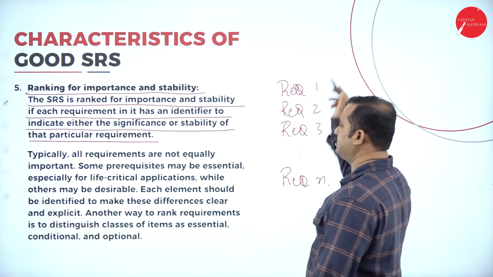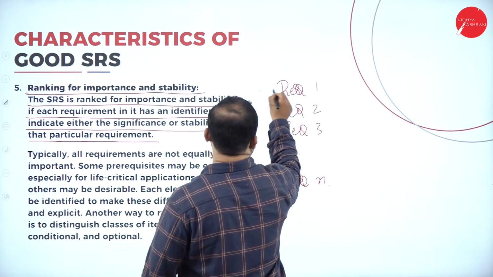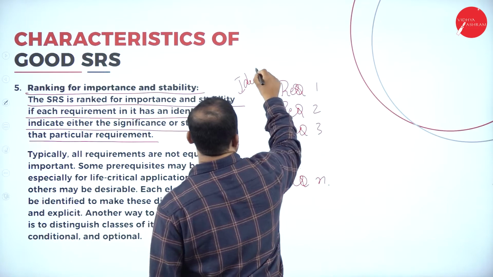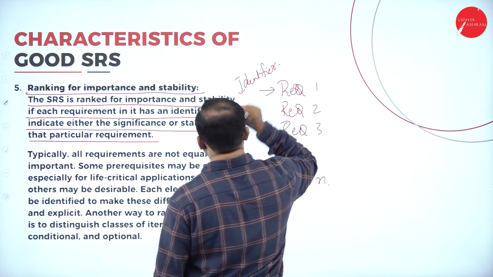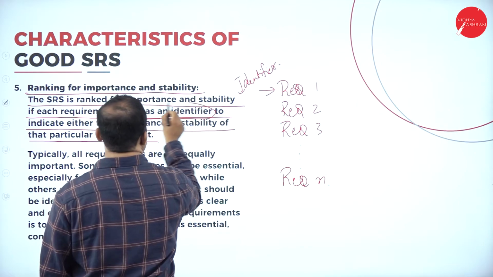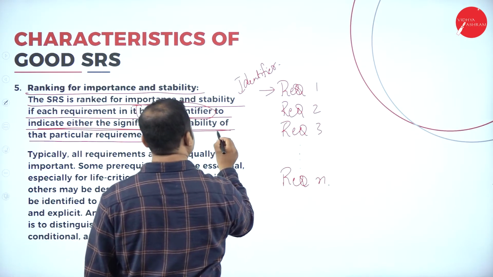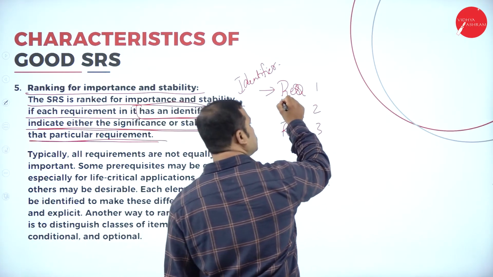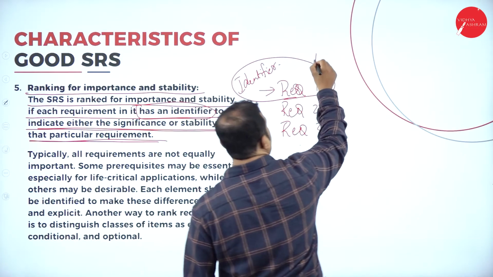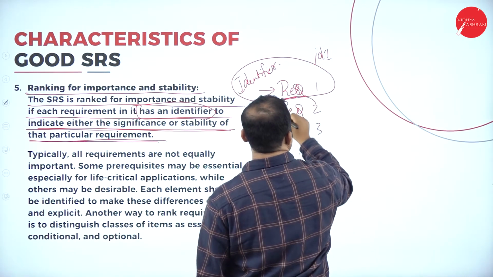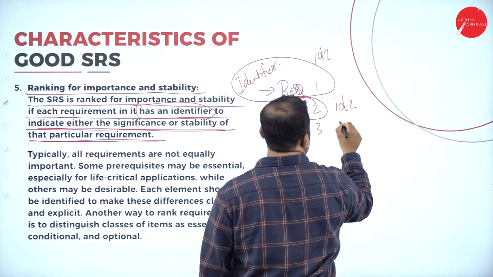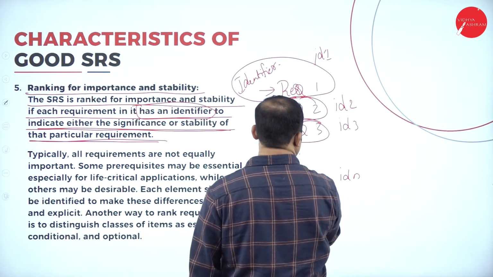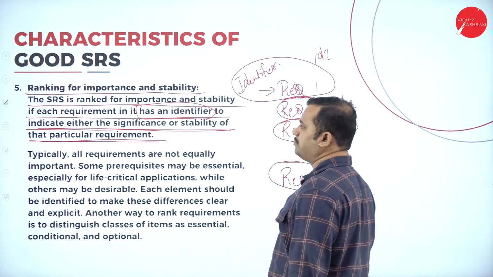So N number of requirements are there. Each of these must be identified uniquely by an identifier. That is, requirement 1 is identified with identifier ID1, this one with ID2, ID3, and so on up to IDN. So we have these options here.